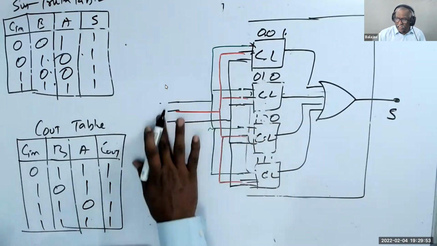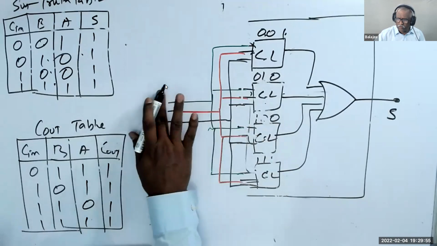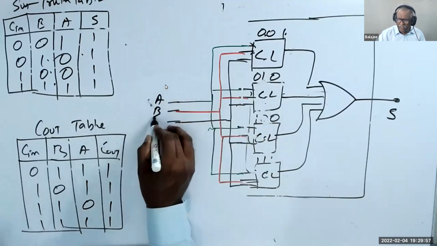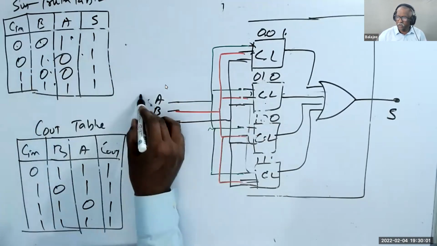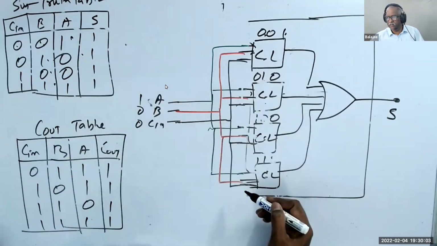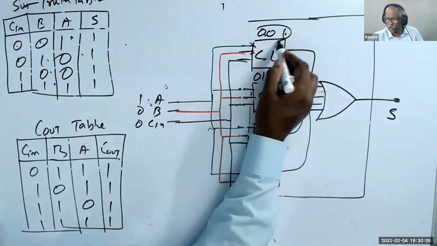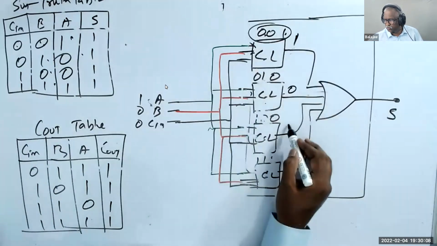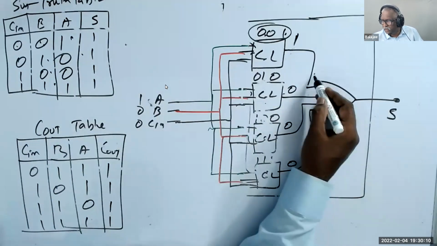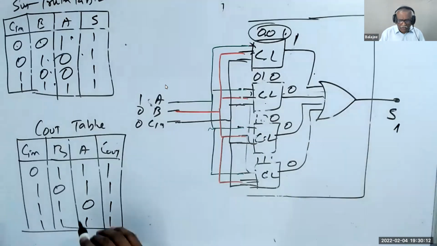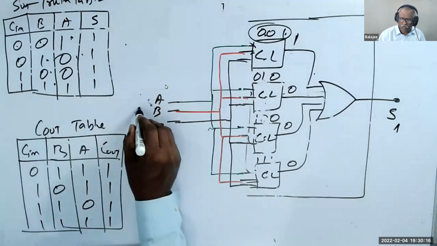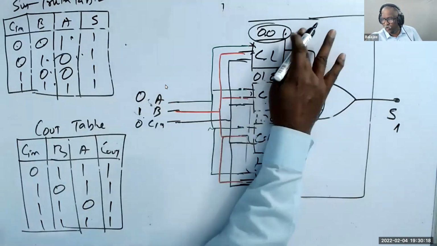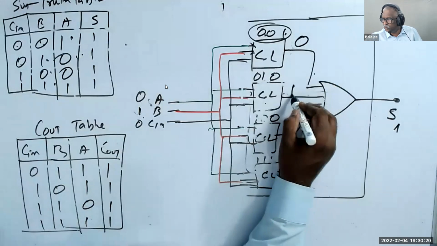So if I give here 0, let's say A, B, C in. If I give 0, 0, 1, it goes to everybody. But this matches only this guy. So this becomes 1, all the others become 0. So since 1 is 1, this becomes 1. If I give 0, 1, 0, this guy becomes 0 now, but this becomes 1. So this becomes 1.